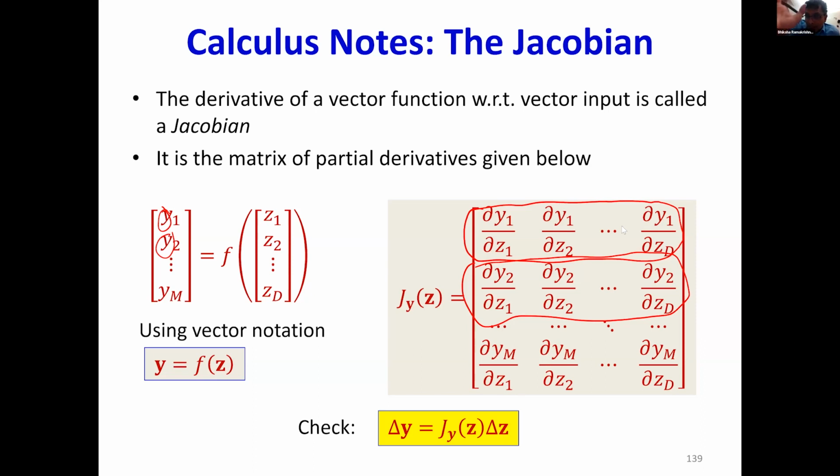To bring that into the same space as the original data, you have to transpose it and make it a column vector. So the gradient lives in the same space as the z. For that, you have to transpose the derivative. Does that answer your question? Right? And so the gradient is the transpose of the derivative, right?